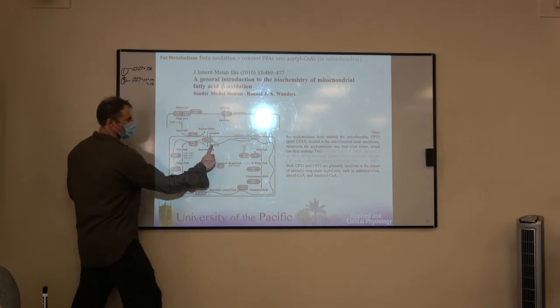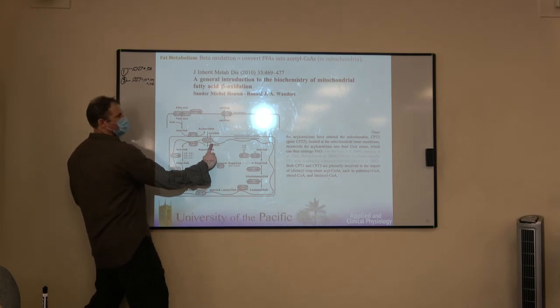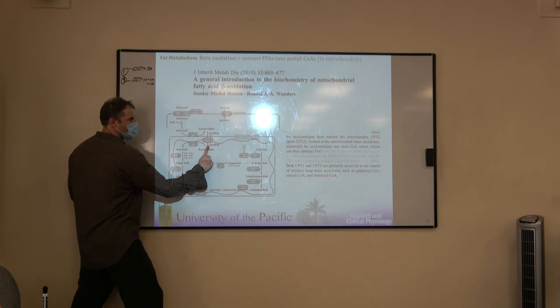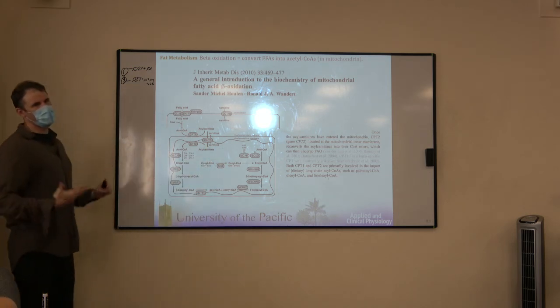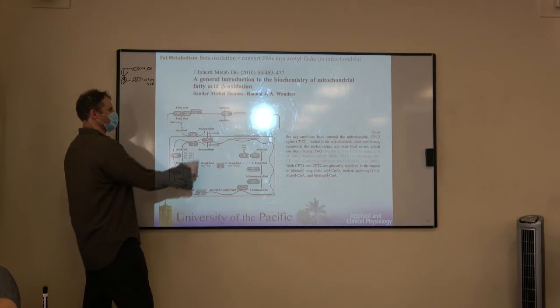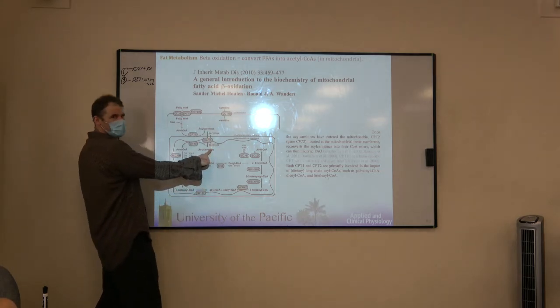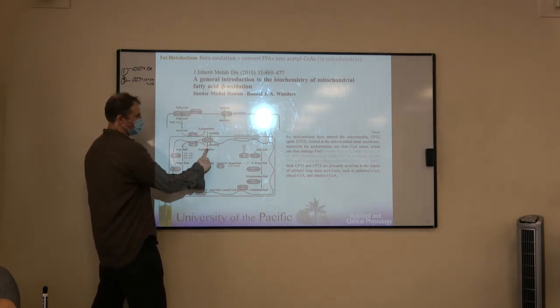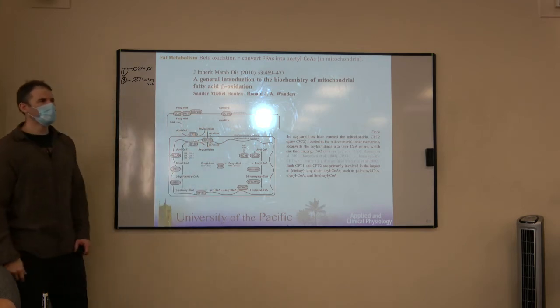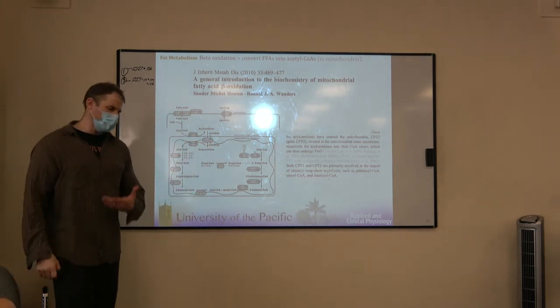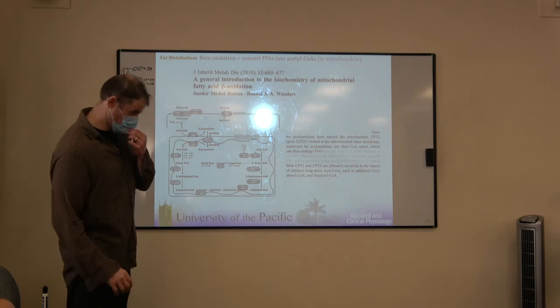That permits CACT to shuttle that carnitine out and a new acyl carnitine in. So we keep using carnitine over and over. Carnitine comes in, escorting an acyl-CoA in, and then carnitine goes back out to escort a new acyl-CoA.